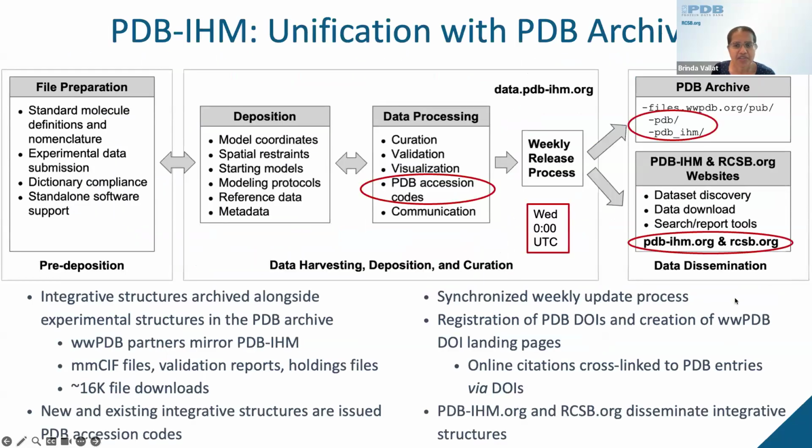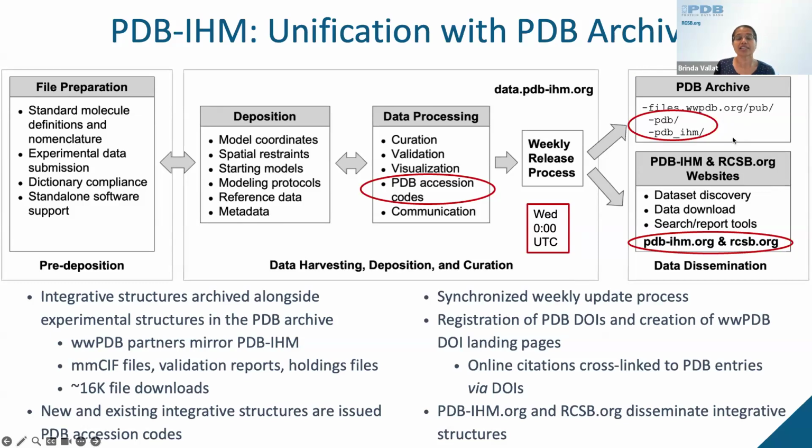There are two distinct aspects of the PDB-IHM unification with the PDB archive, as well as integration with the RCSB.org website. This figure shows the current PDB-IHM data pipeline, including newly added extensions that support integration with the PDB archive. Integrative structures are now archived alongside experimental structures in the PDB archive.